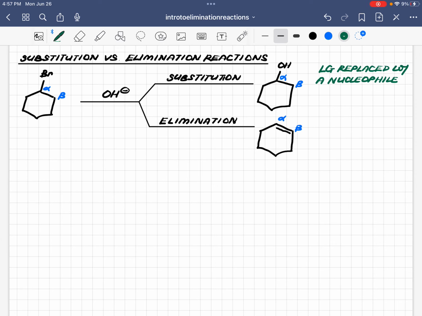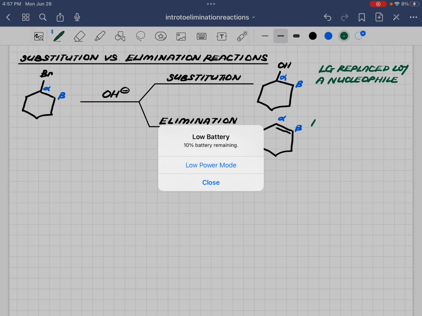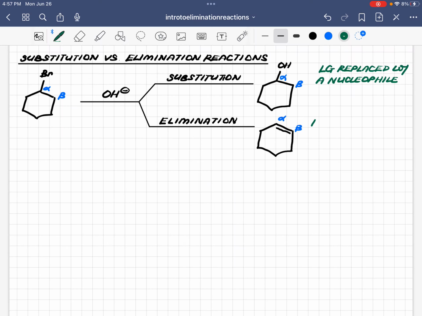In the case of an elimination reaction, we have a leaving group leaving as well as a beta proton leaving, and we have the formation of an alkene.